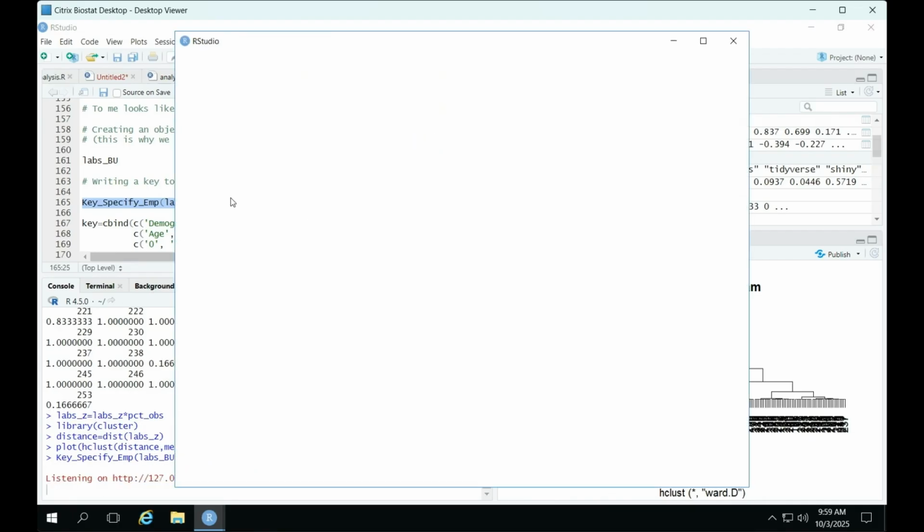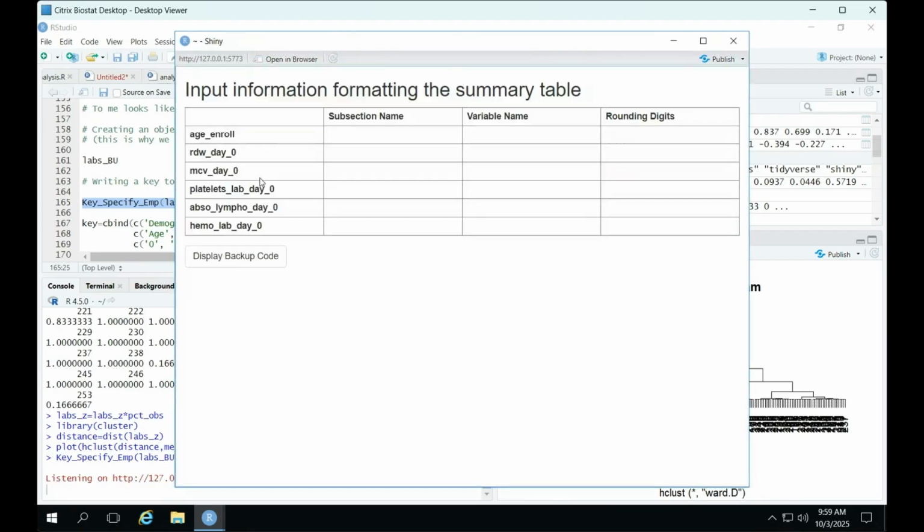This key specify function is going to pull up the data. We gave it the raw data, before any of our transformations, on all these different labs. And we can just write a key. If we're making a table here, what's the table going to look like? Well, first we might have some subsections. We might have demographics, and then down here we'll have labs.